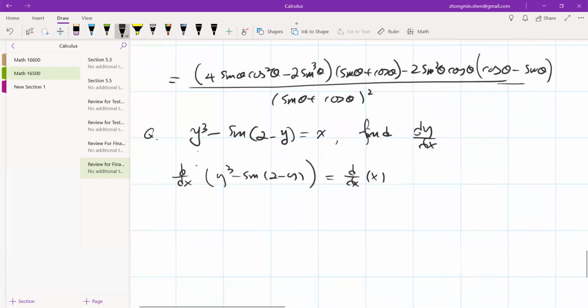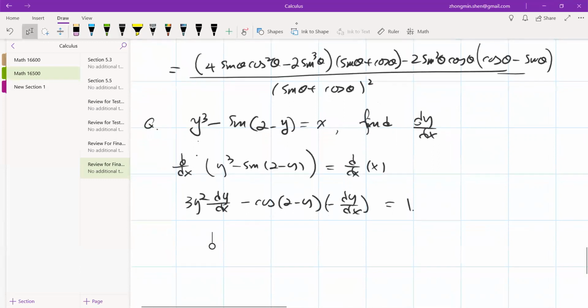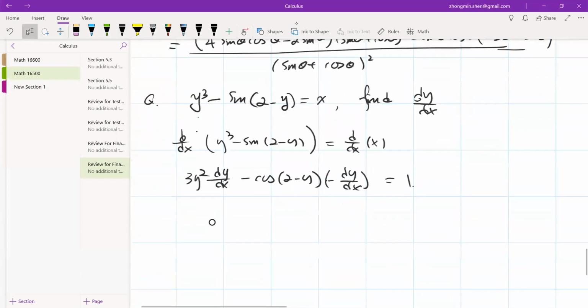So the derivative of y cubed will be 3y squared dy dx, minus sine becomes cosine. Then the derivative of 2 minus y is negative dy over dx. Right. Then you simplify it, and you solve the problem.